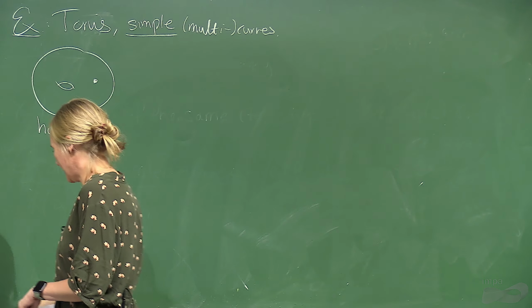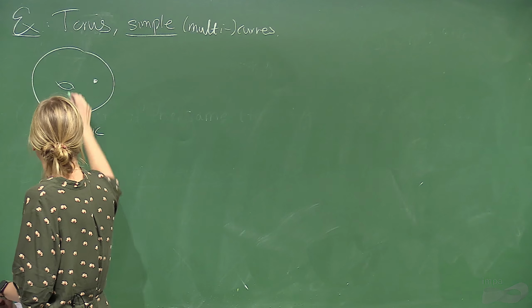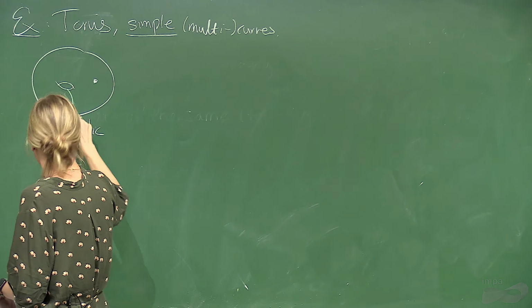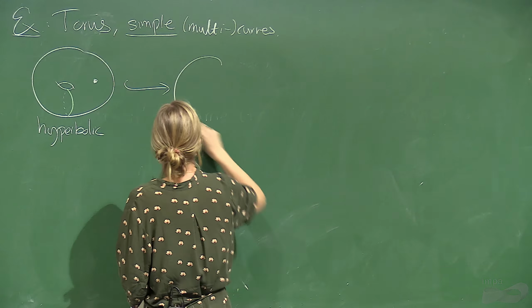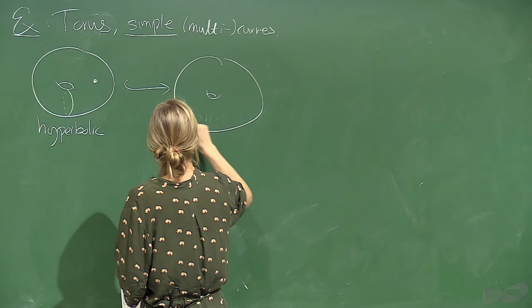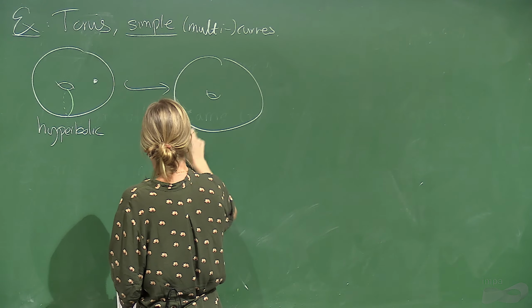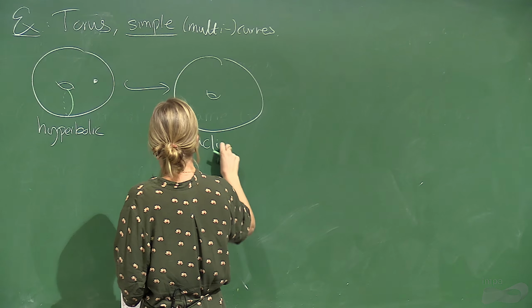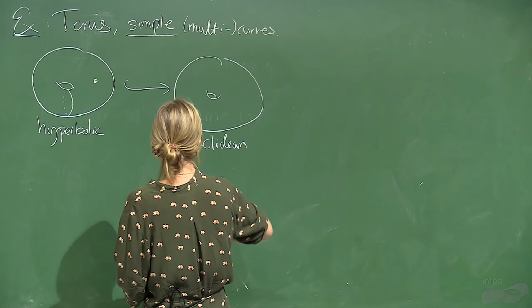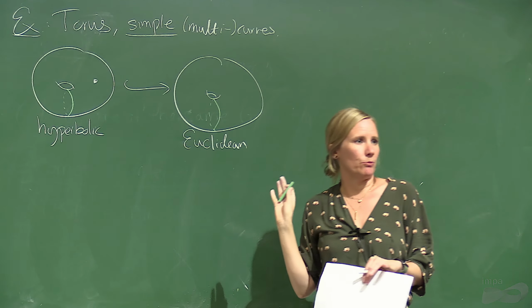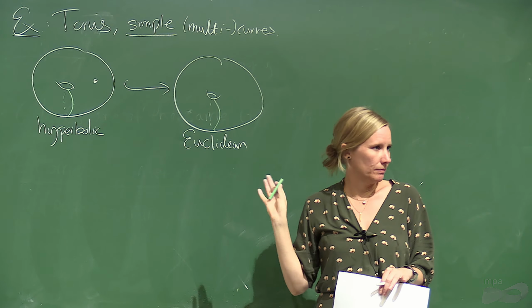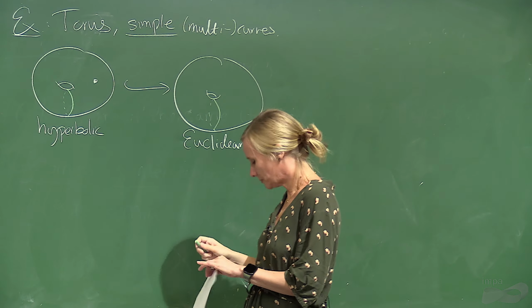But if I put any simple closed geodesic here, I can think of this as just, if I take the forgetful map, I just forget the puncture, and I look at the flat Euclidean torus. It maps to a homotopy class of a simple curve in there as well. I just delete this one.